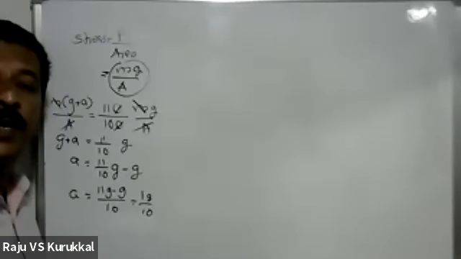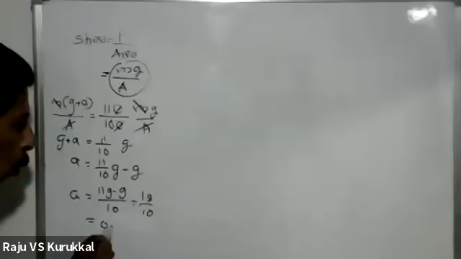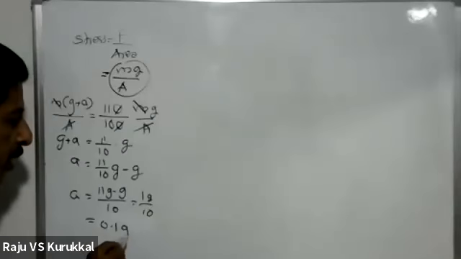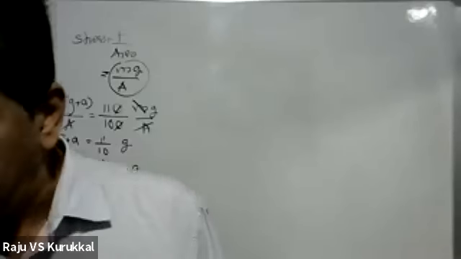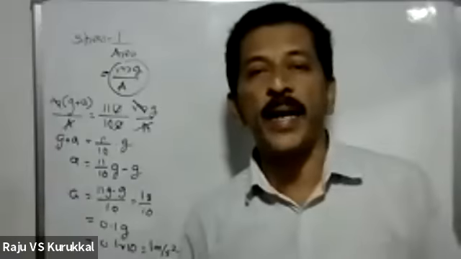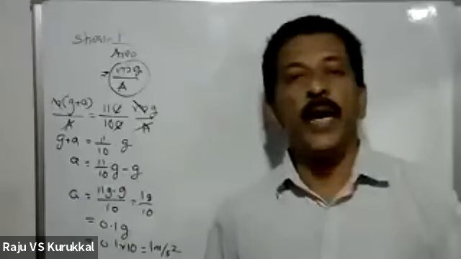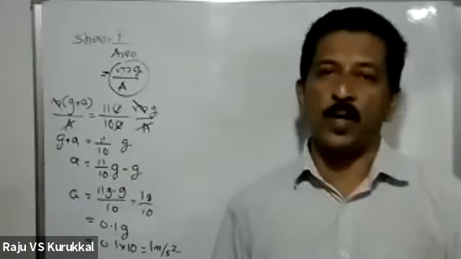Acceleration is 1G by 10, that is 0.1G. Taking the value of G as 10, the lift should accelerate up with A equal to 1 meter per second square.